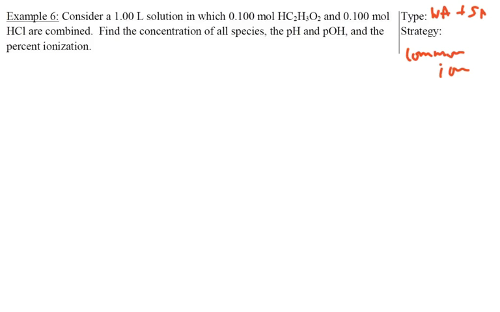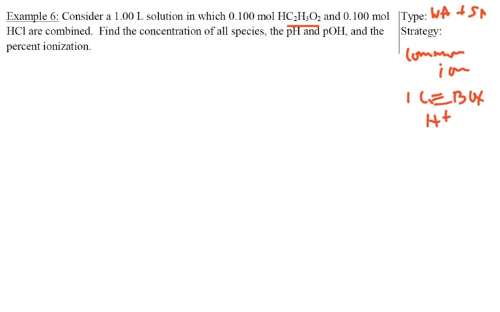And so we're going to do an ice box. But in that ice box, we're going to have two different sources of H+. So we'll have an initial value of H+ in our solution. Now, the only interesting equilibrium here is the weak acid, acetic acid.